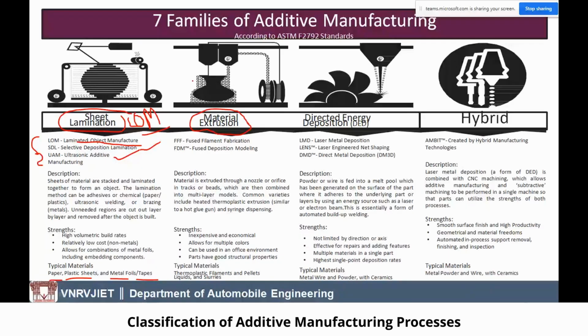The molten plastic material is deposited onto the platform layer by layer. Here also we mostly use plastics, but the main advantage of this process is very cheaply available material and a low cost process.